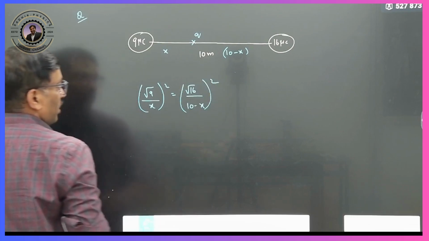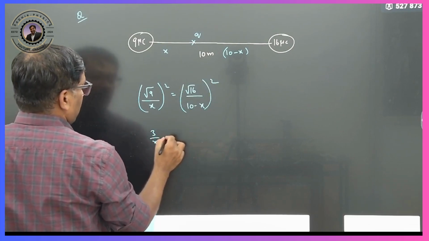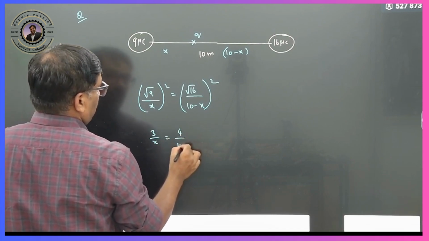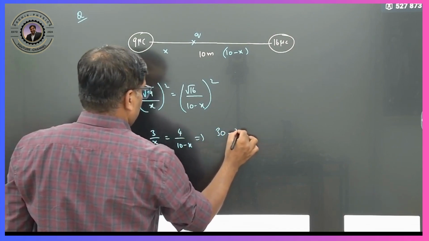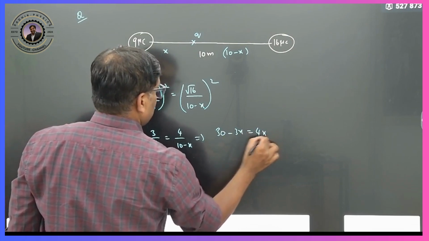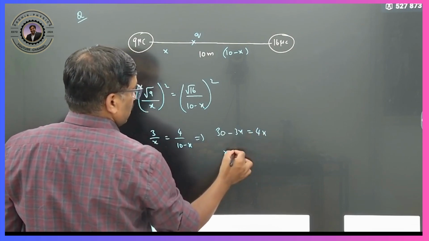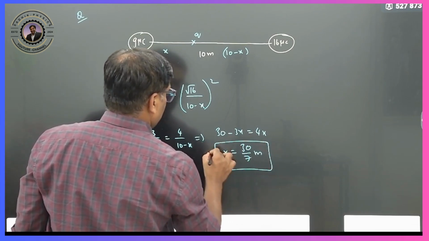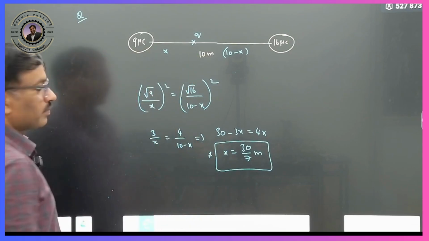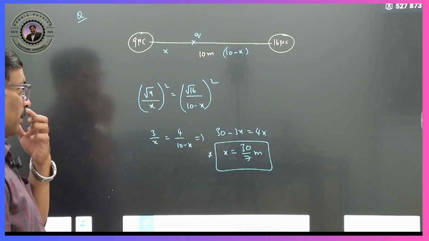Rewriting it, this will be 3 by x equal to 4 by 10 minus x. Therefore 30 minus 3x is equal to 4x. So 7x, so x is 30 by 7 meters. This is your x distance. Clear? In this way you can calculate it.